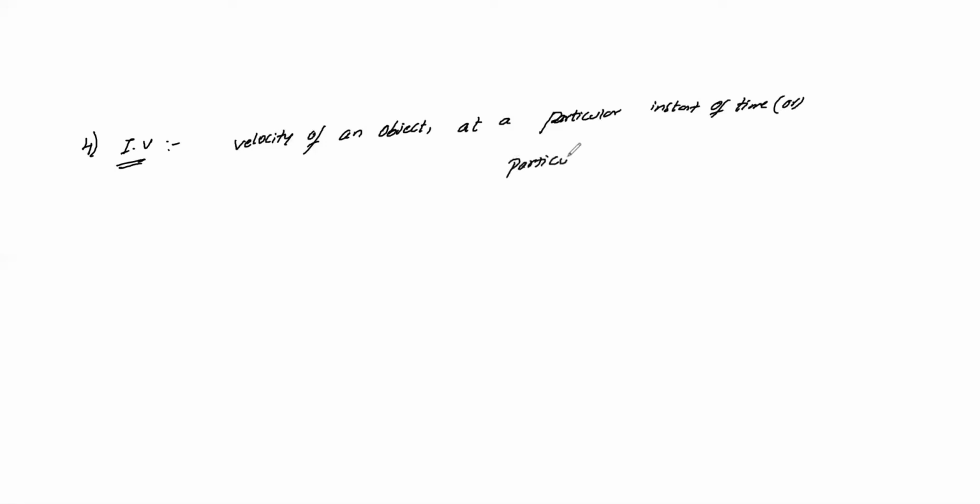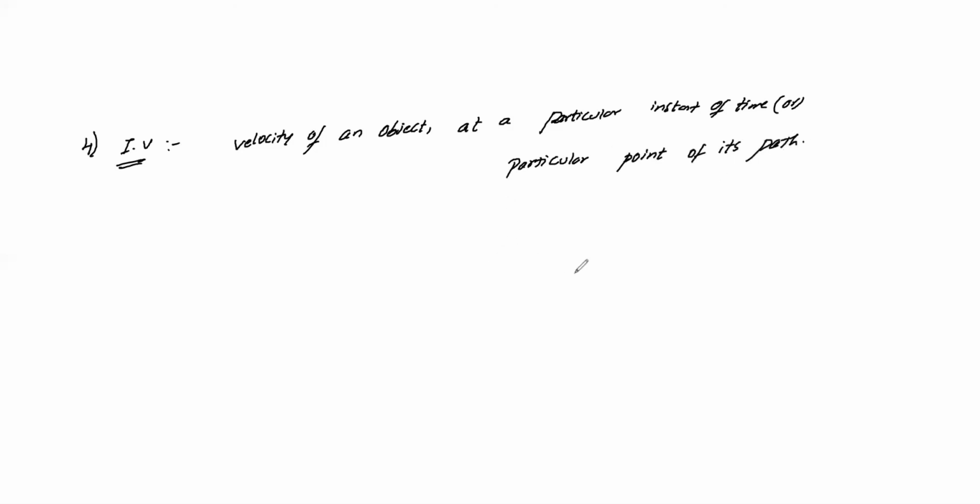It is the velocity of an object at a particular instant of time, or at a particular point of its path. That is nothing but your instantaneous velocity.